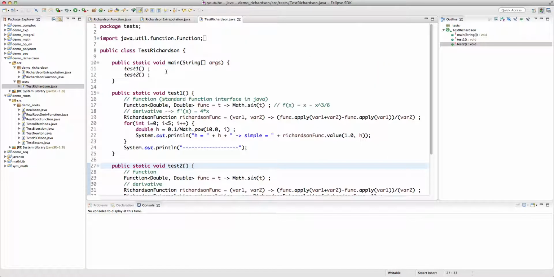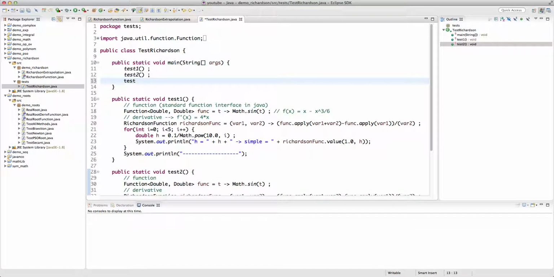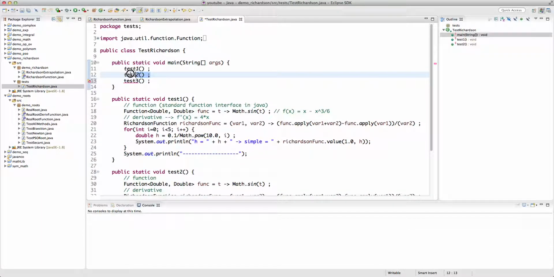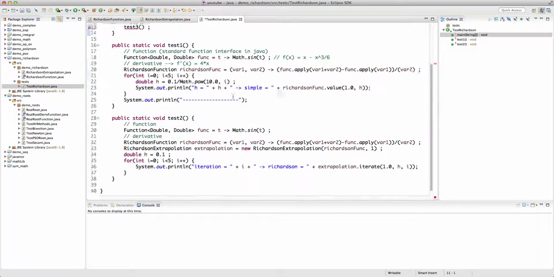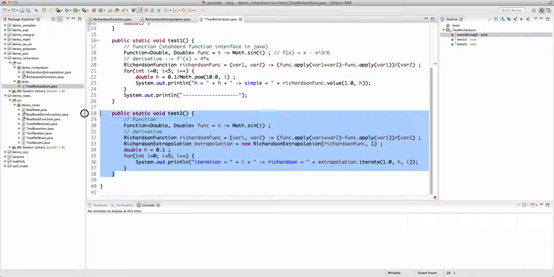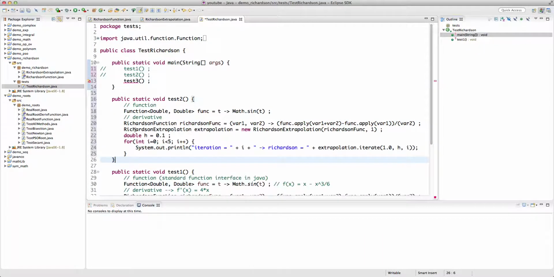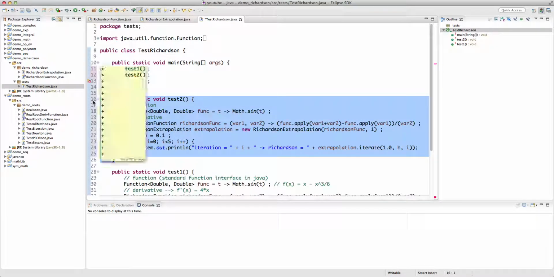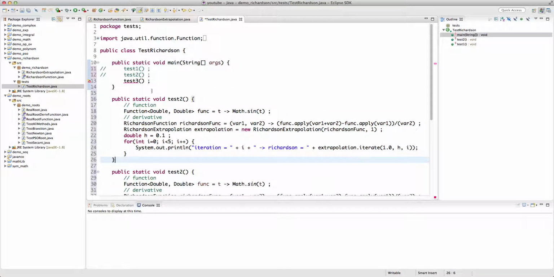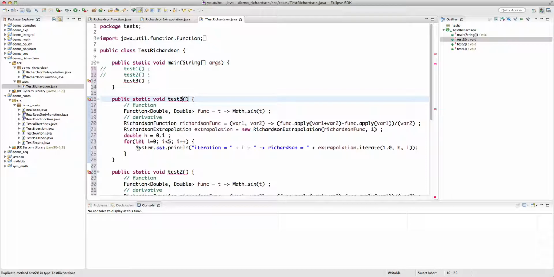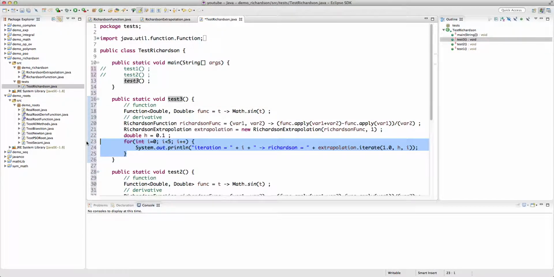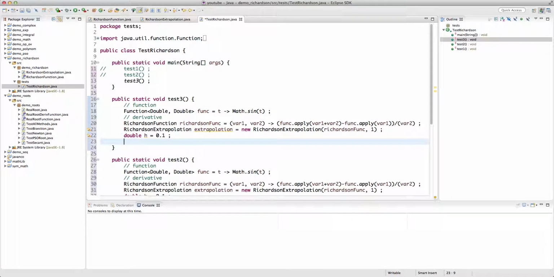So in the test Richardson, I'm going to create a new test 3. All right, and in the test 3, let's put this on top, and another one on top of that. In the test 3, I create my function.